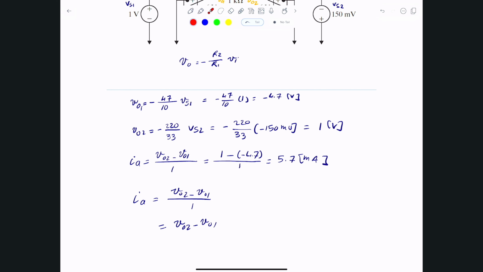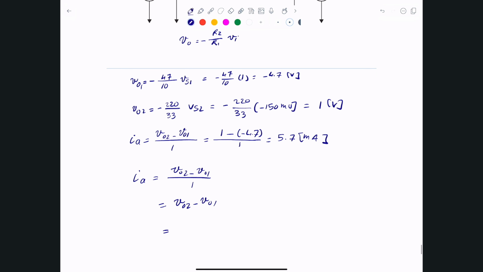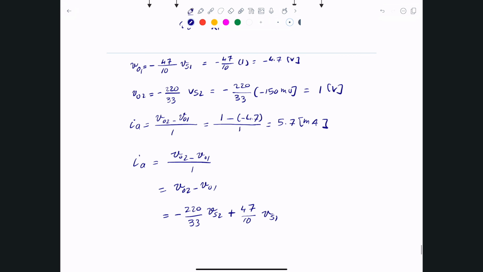Now we wrote V output 2 and V output 1 in terms of VS1 and VS2, so I'll just substitute them here. V output 2 is negative 220 divided by 33 times VS2, minus V output 1, which gives plus 47 divided by 10 times VS1, and that's IA.